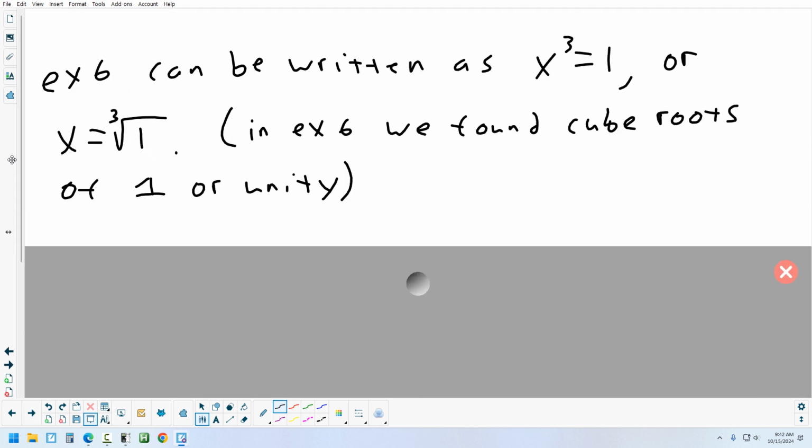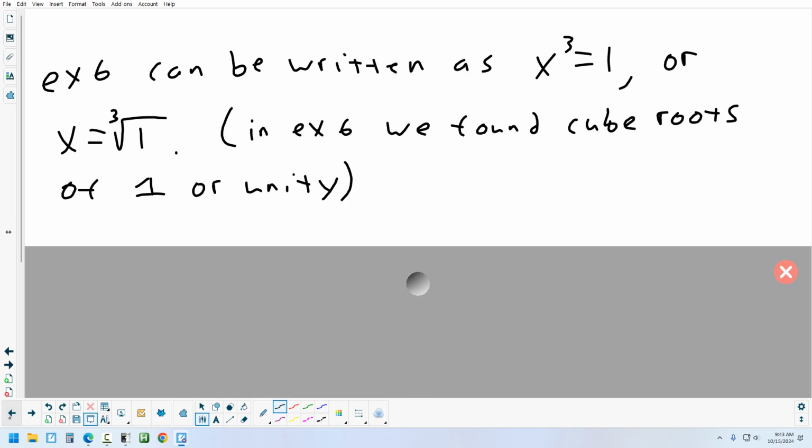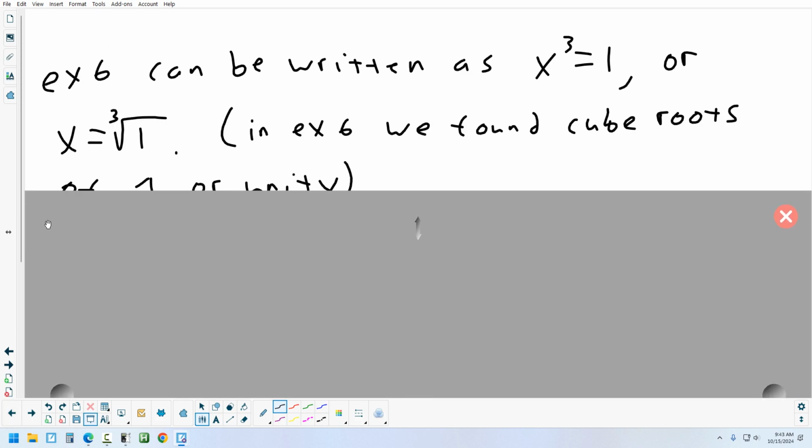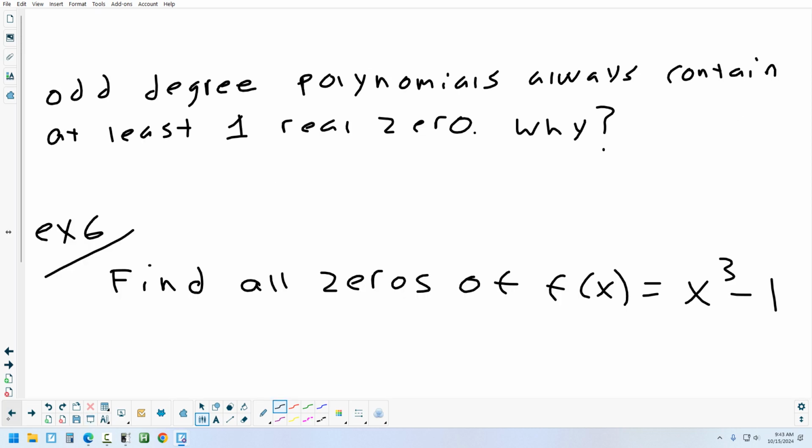So more just kind of a wording thing that you might see in the book. In example 6, it was f of x equals x cubed minus 1, and we basically solved that equation.